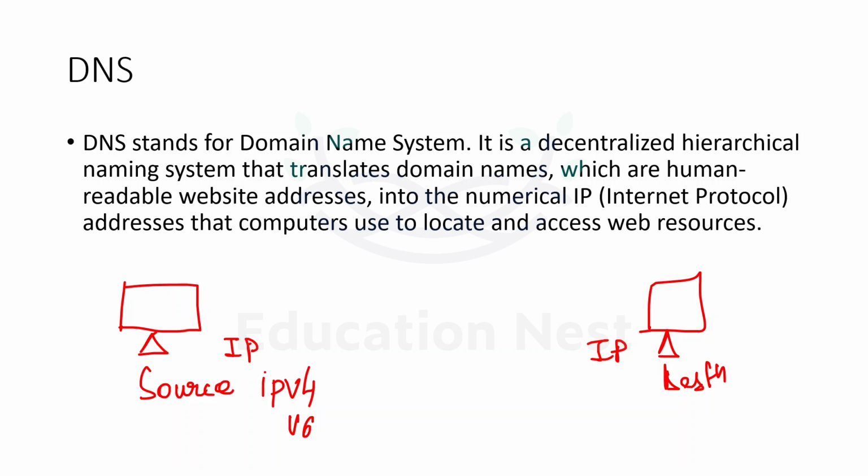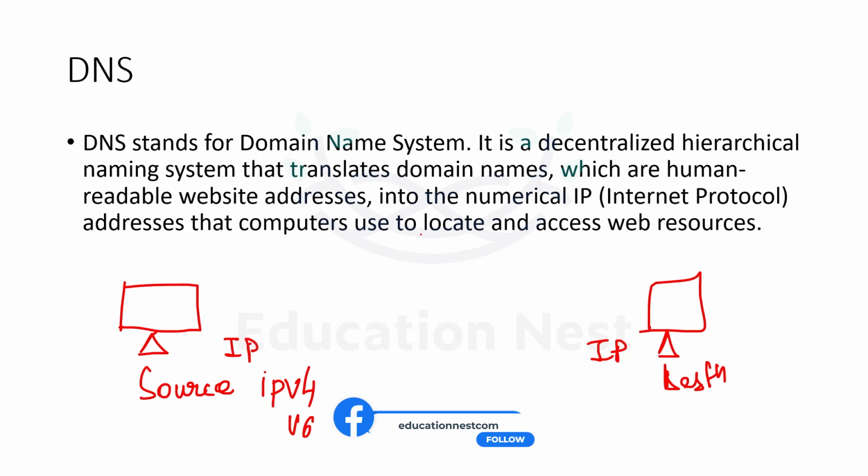We as human beings use those domain names, but internally they are translated to IP addresses. Even if we want to search for google.com, we just go and type google.com. Google has multiple IP addresses. The domain is google.com, but it has multiple IP addresses because it operates on a large scale with multiple data centers and servers worldwide.